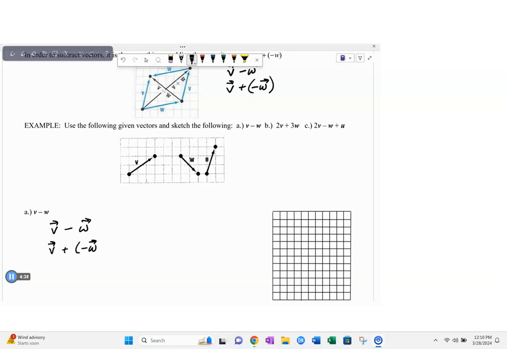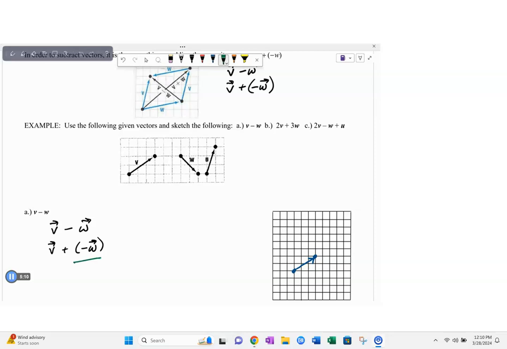Notice vector v here goes up 2, right 3. Let me just start right here and go up 2 and right 3. Okay, here's vector v.